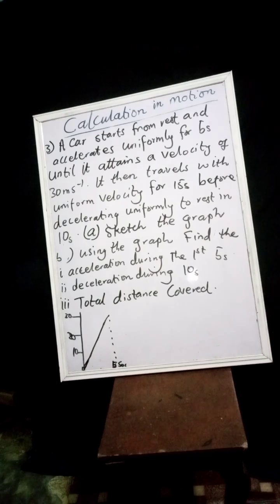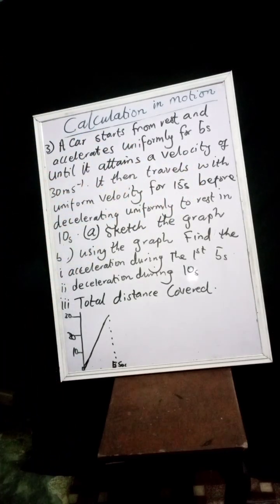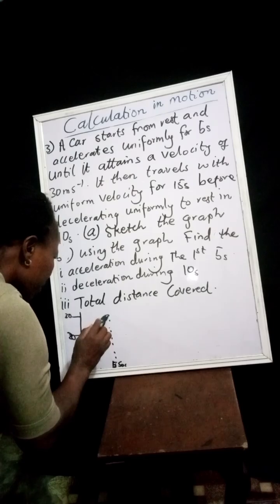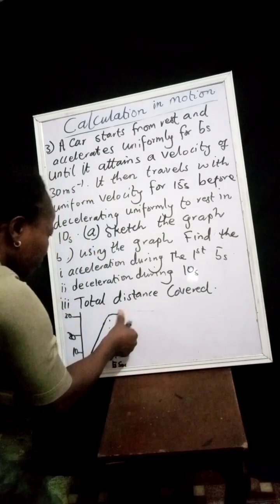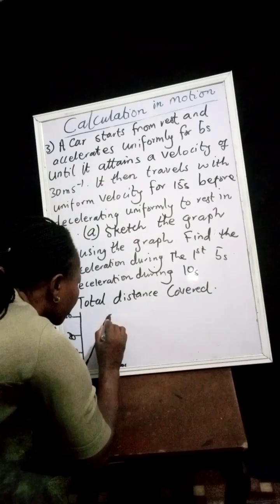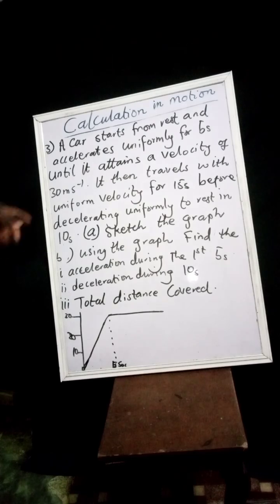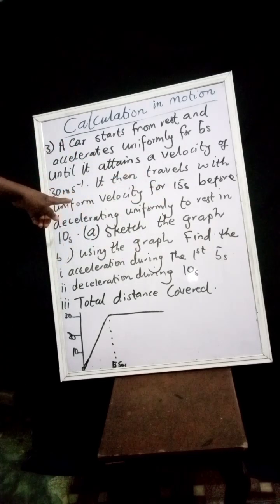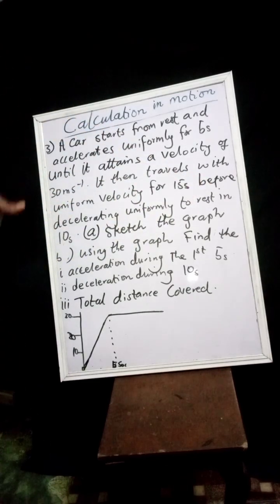Then he said it then travels with uniform velocity. So with this velocity it has attained, it traveled uniformly. So at this 30 meters per second, it travels uniformly for 15 seconds before decelerating.